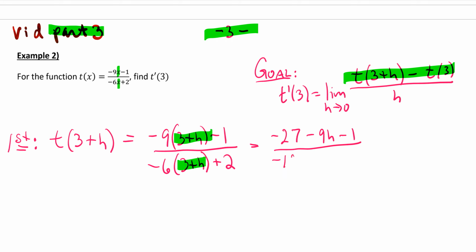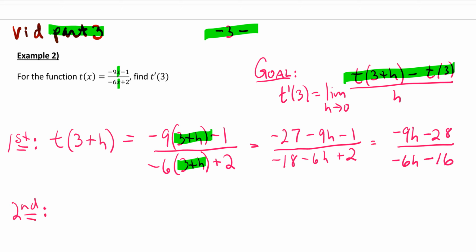So we'll get negative 18 minus 6h plus 2. That'll be negative 9h minus 28 all over negative 6h minus 16. That's step 1 done, which is to figure out t of 3 plus h.